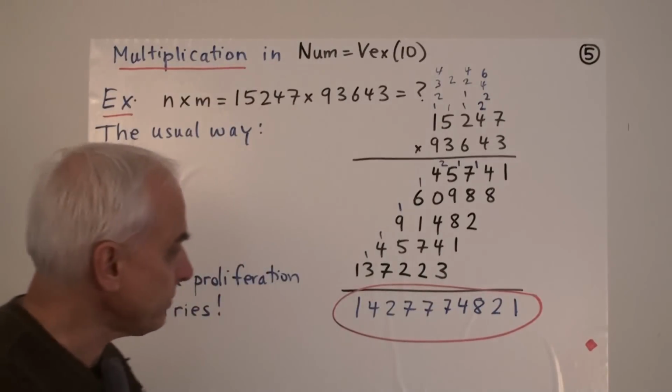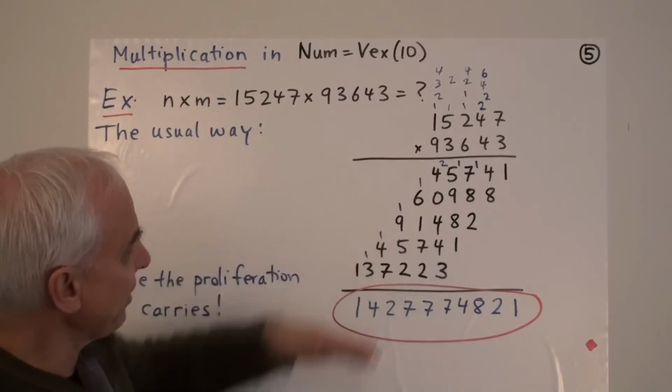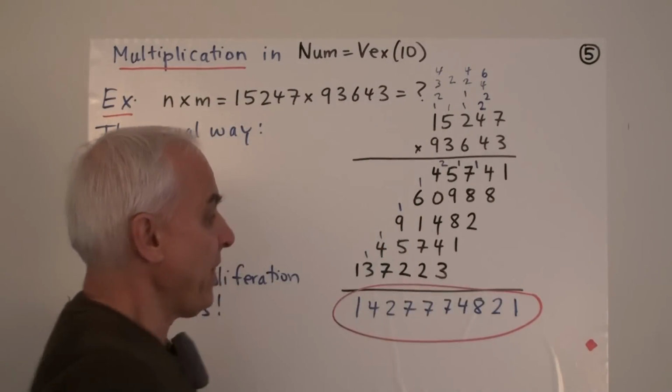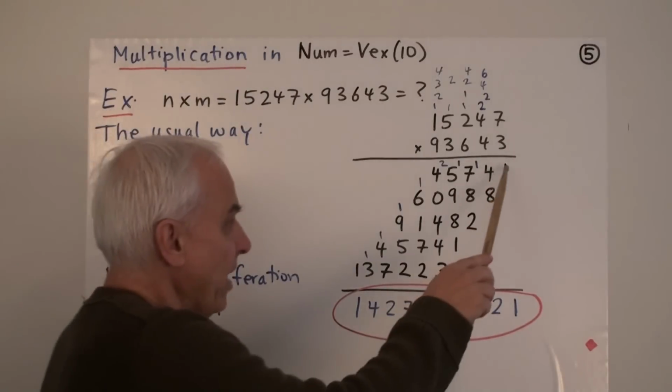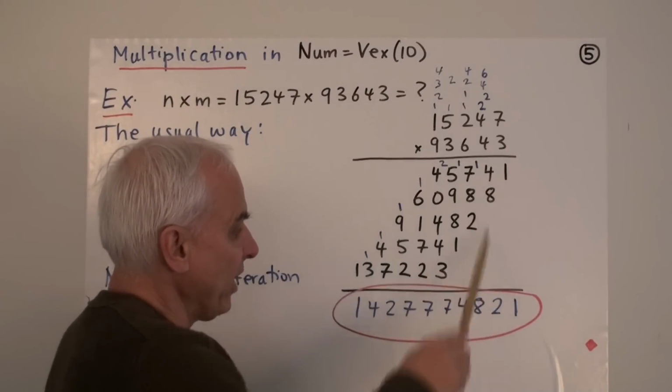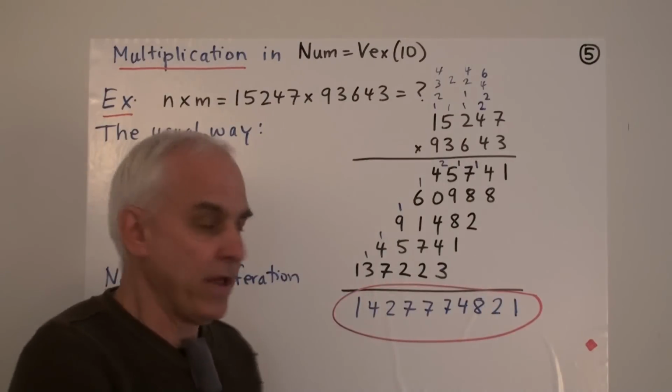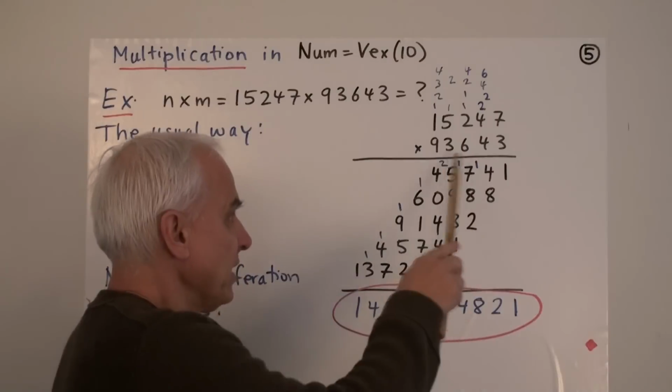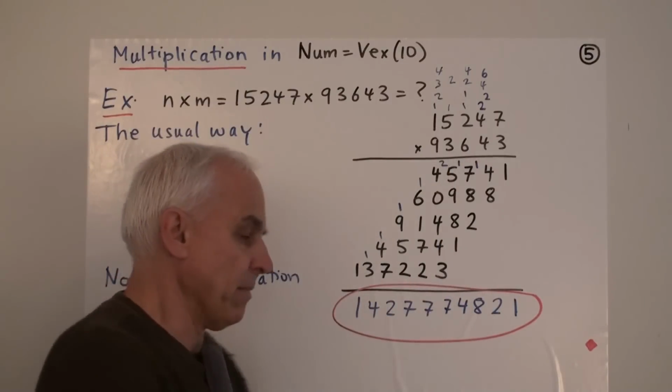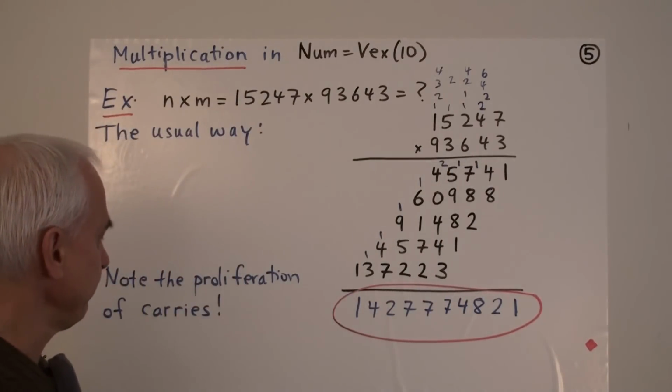Okay, so anyway, we have these various single products, and then we have to add them all up, and we start from the right, 1, and then 4 plus 8 is 2, and there's another carrying going on there, and then we add up the columns and carrying in the usual fashion, and we end up getting that number there.